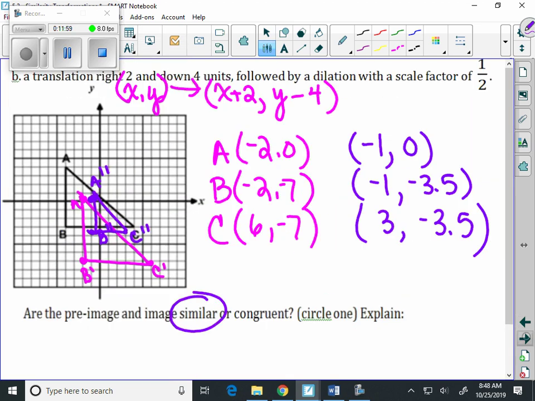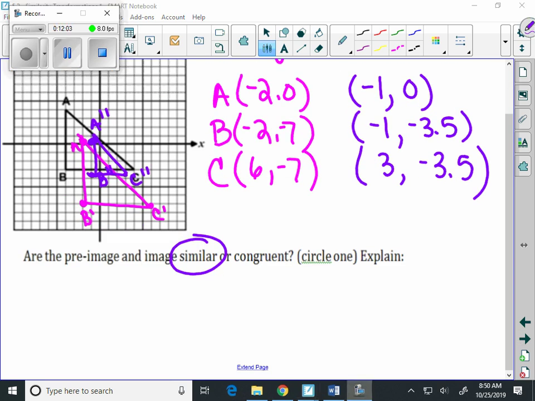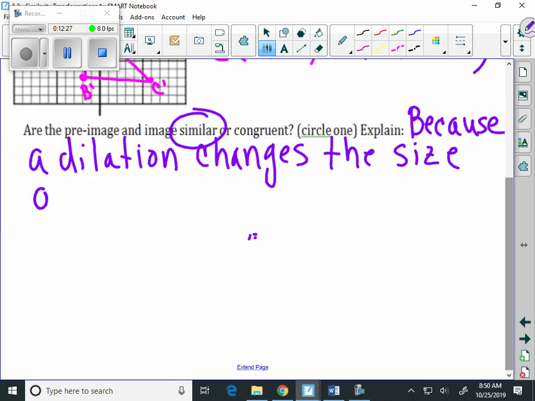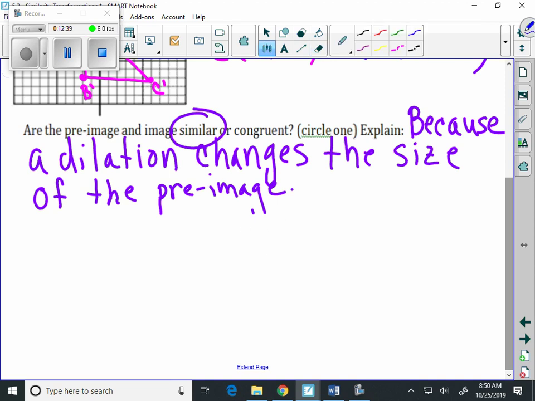Because a dilation changes the size of the pre-image. In other words, when the size changes, it's not congruent. It's similar. And now that we say those words out, that might be something to help you remember. Size starts with S. Similar starts with S. If the size changes, it's similar.